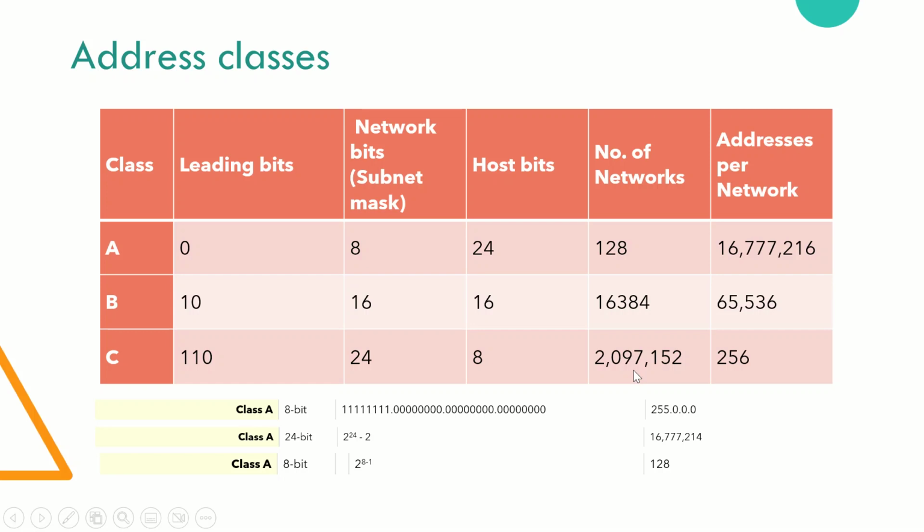But if you need, for example, only 110 networks and a lot of IP addresses, you should use class A. Based on our needs, we should say which class we want to use in our company.